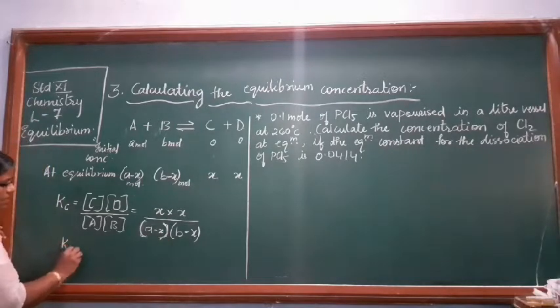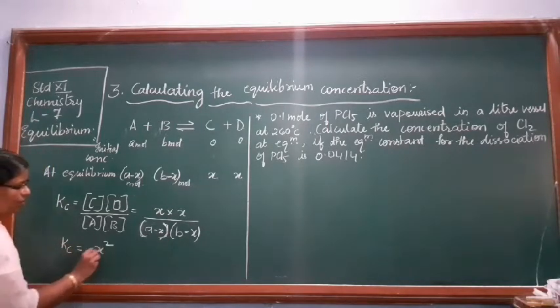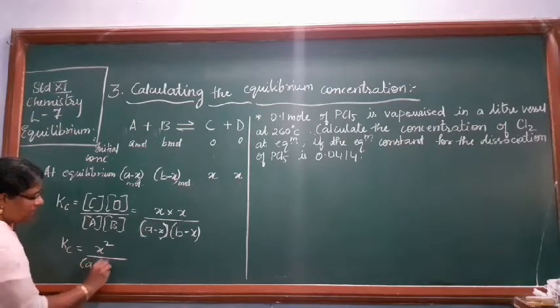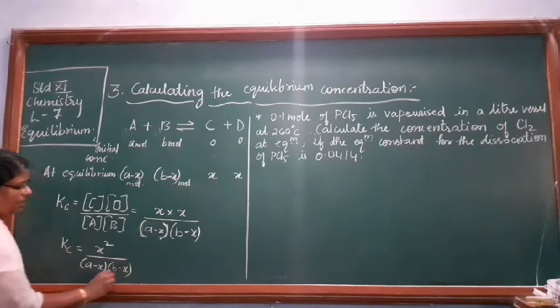So you can write Kc is equal to x square upon A minus x times B minus x.